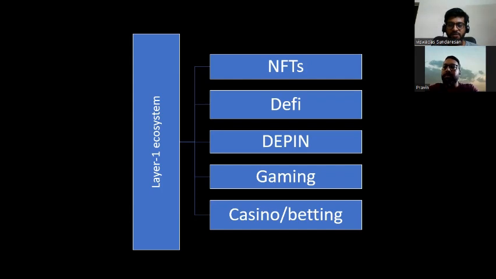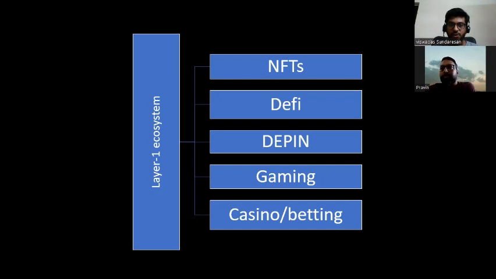For instance, your mobile network is supported by towers built on top of different buildings, and the telecom companies have to invest a lot of money in setting up these towers, which is a very expensive process. So DePIN aims to decentralize the mobile network.